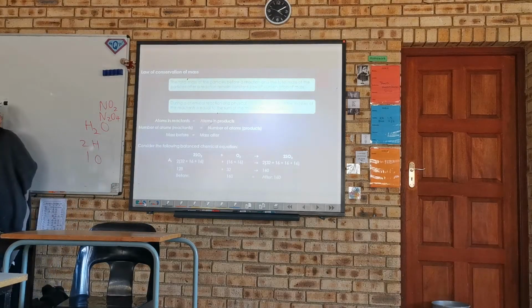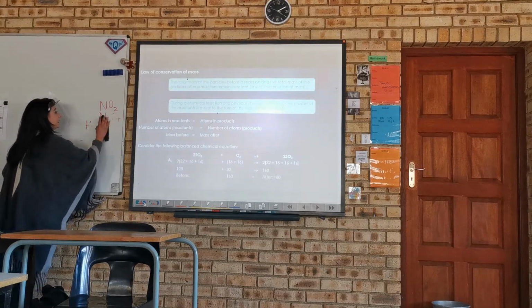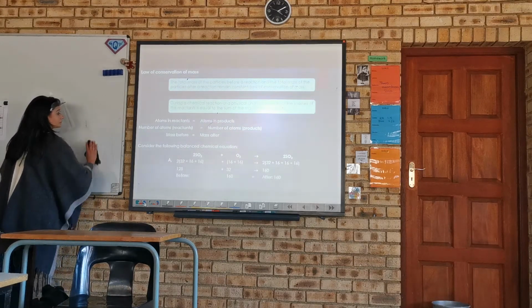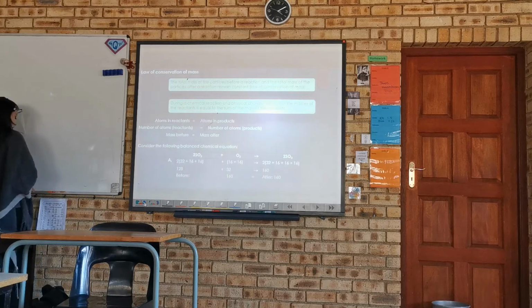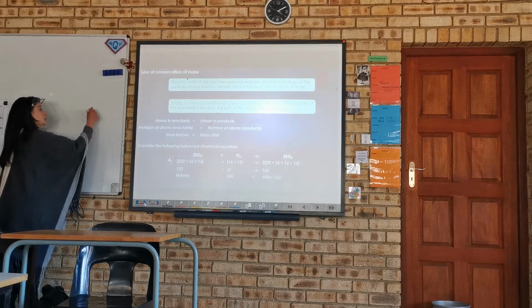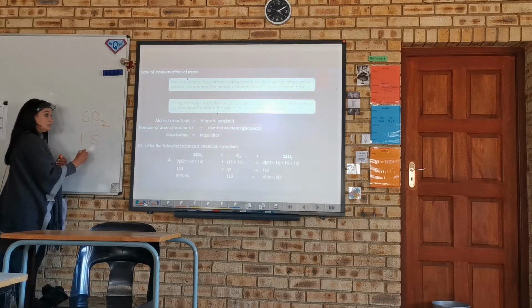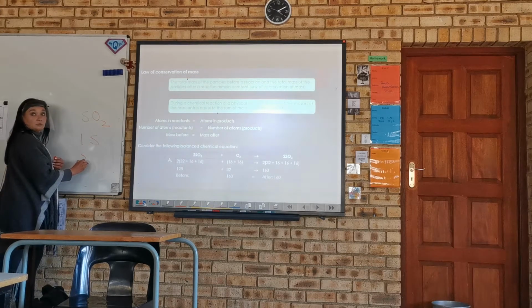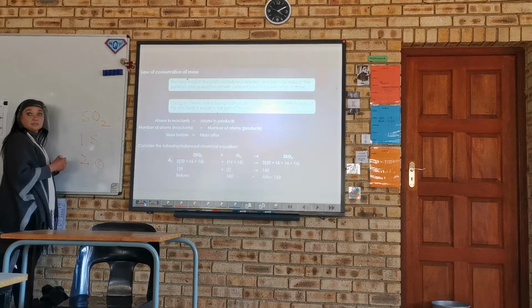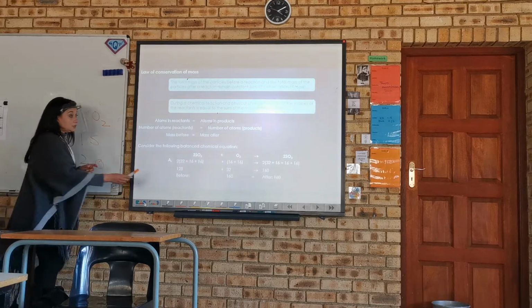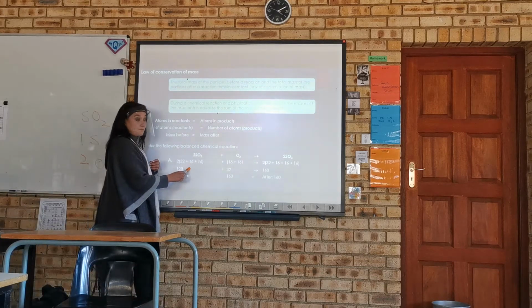Because you know that, technically speaking, if I look at SO2, it's made up of 1 sulfur and 2 oxygens. Alright? Which is where the 16 and the 16 comes from.